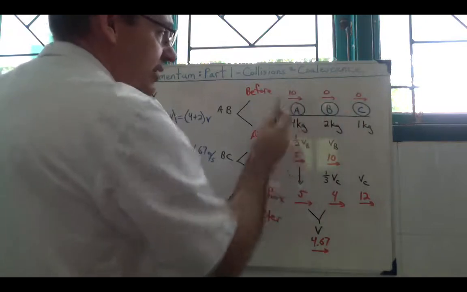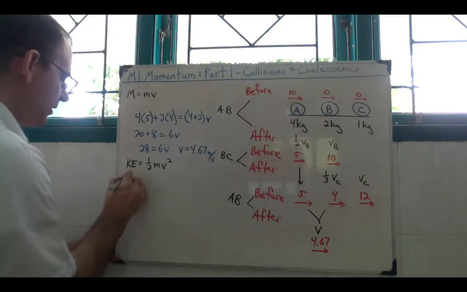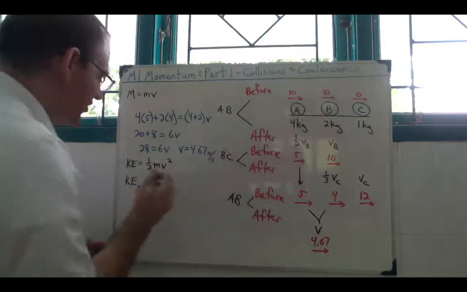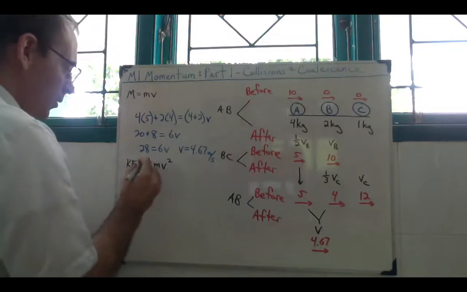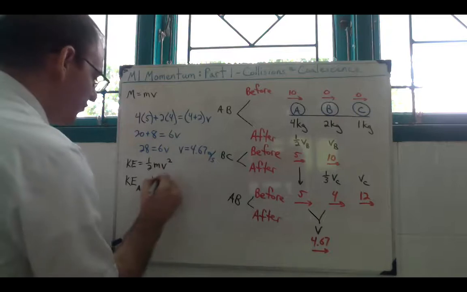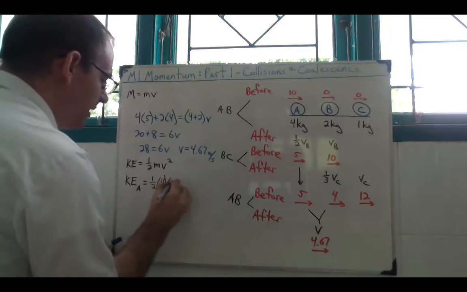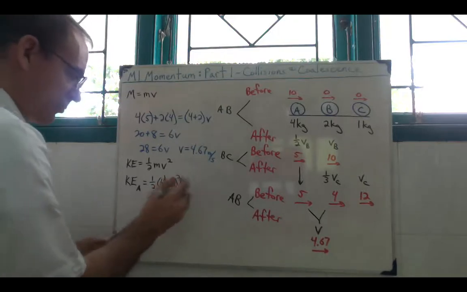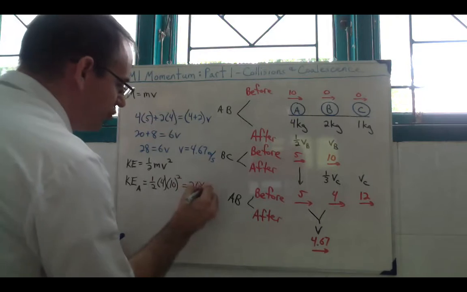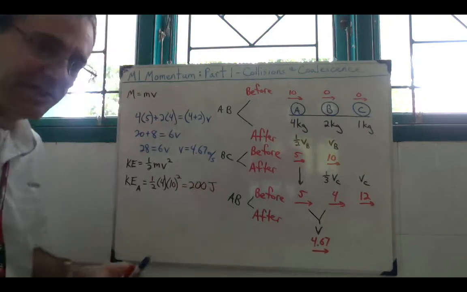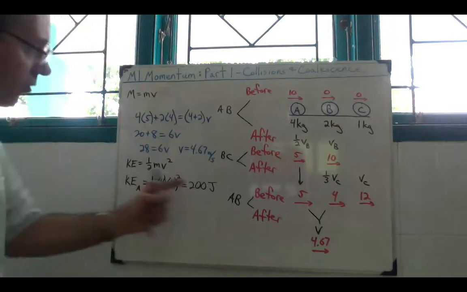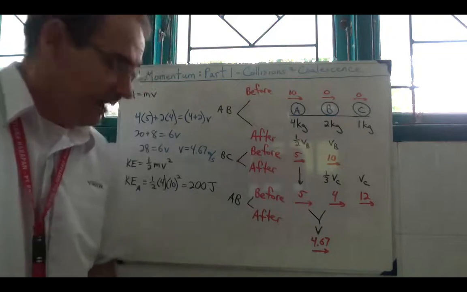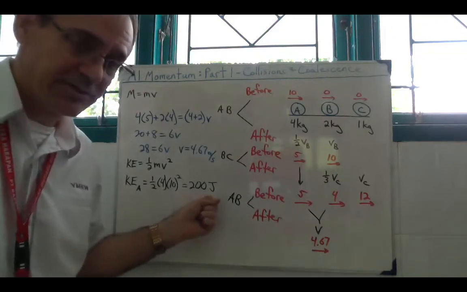So all of the kinetic energy is with part A. So our kinetic energy for the beginning of the system here is 1/2 mass, which is 4, times 10 squared. Well, 10 squared is 100, half of 4 is 2, 2 times 100 is 200 joules. Energy is in joules. So the total kinetic energy at the beginning of our system is 200 joules.